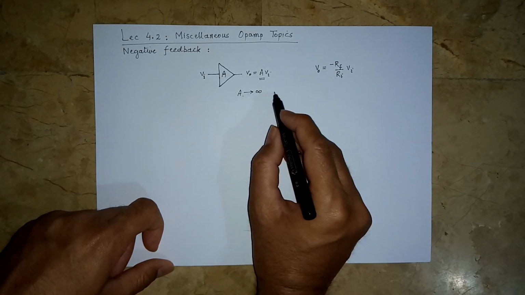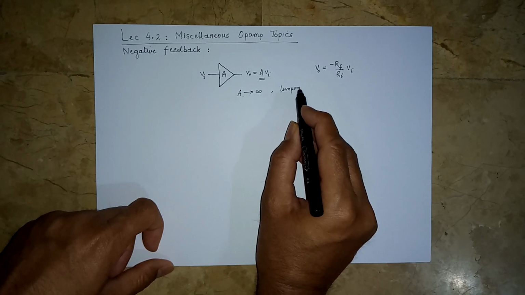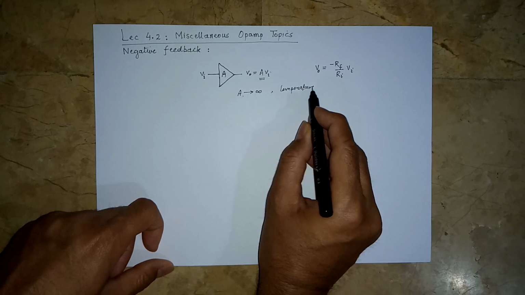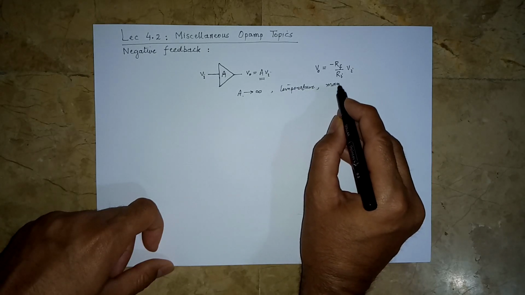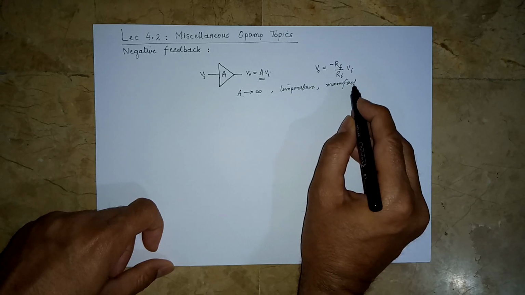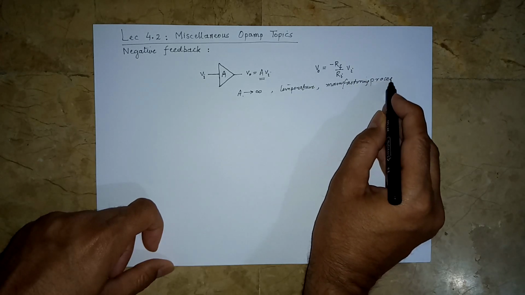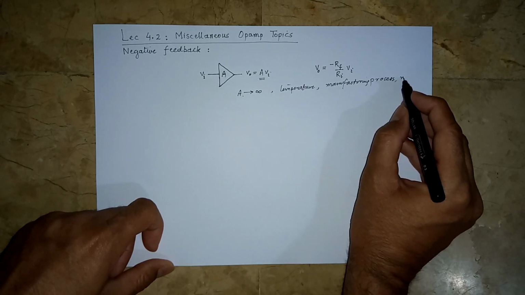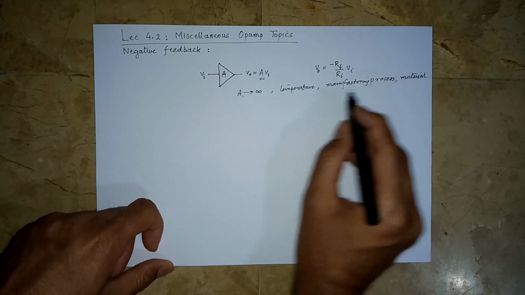For example, they are dependent on temperature, on the manufacturing process, and on other factors as well, say the material that is used in the construction of the op-amp.